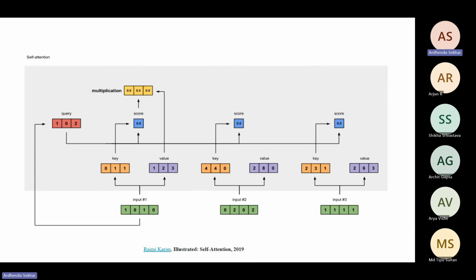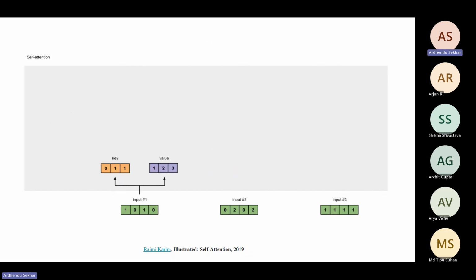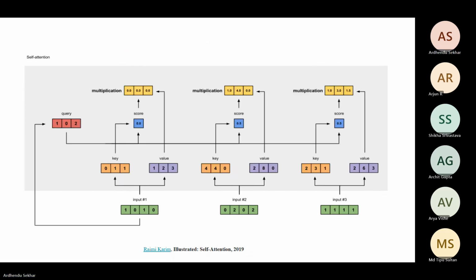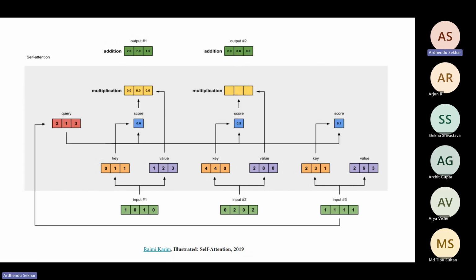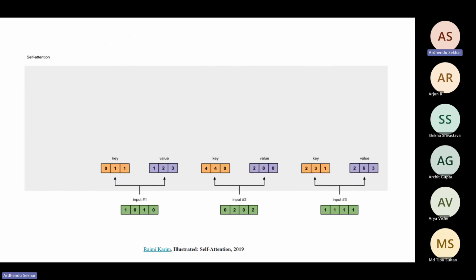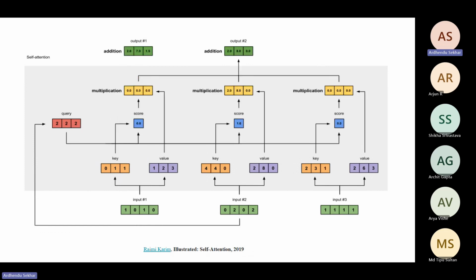Query and key are particularly for who is asking what is important and who is giving the information. So if the query vector Q is for input 1, input 1 is asking who in the input is important to me.